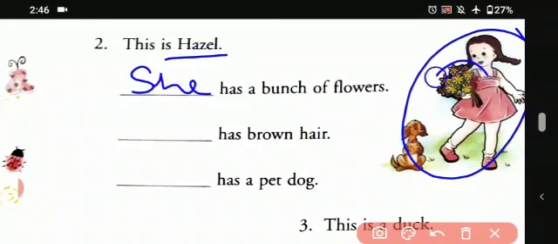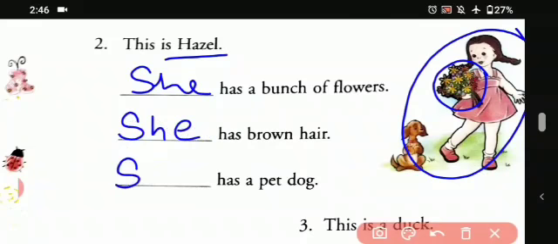So, students, this is the bunch of flowers she had in her hand. She has brown hair. So, the girl has brown hair. She also has a pet dog. So, she has a pet dog.